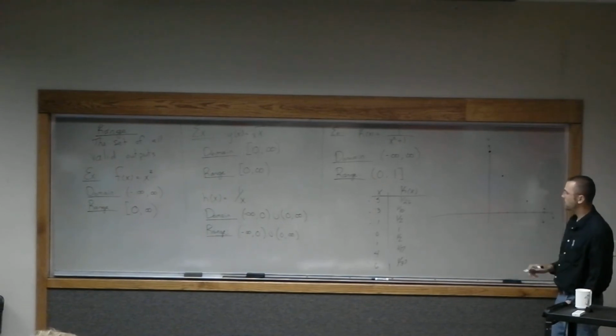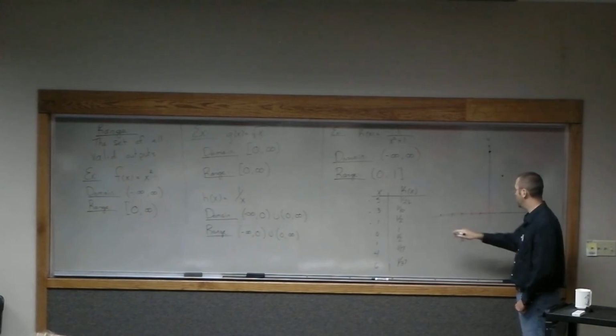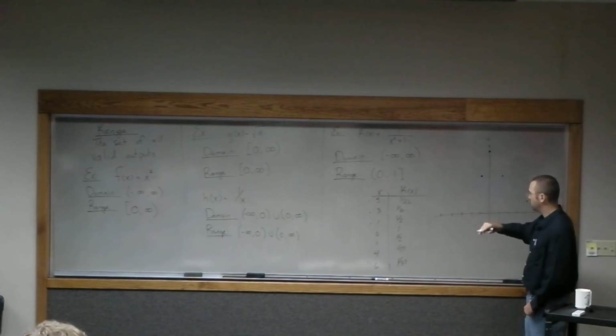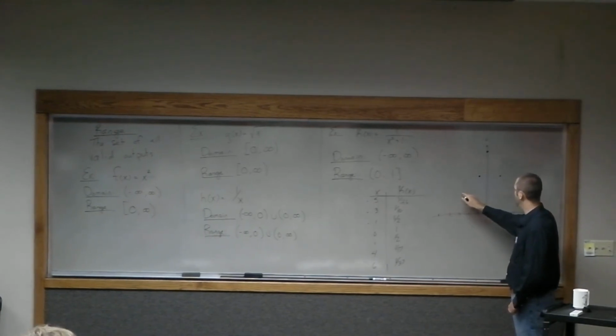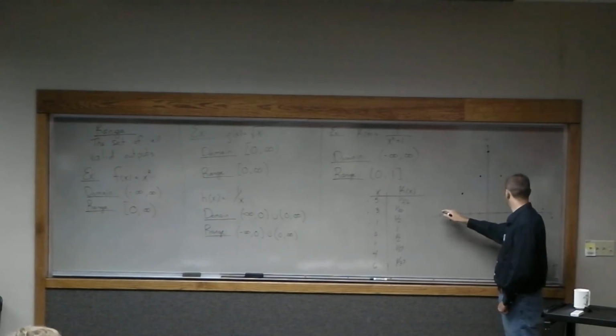And moving to the other side, -1, -2, -3, -4, -5. At -1, I'm also at a half. And then continue plotting these other values. At 3, I'm at 1/10, so maybe right around there. And then at -5, I'm at 1/26, so right around there.